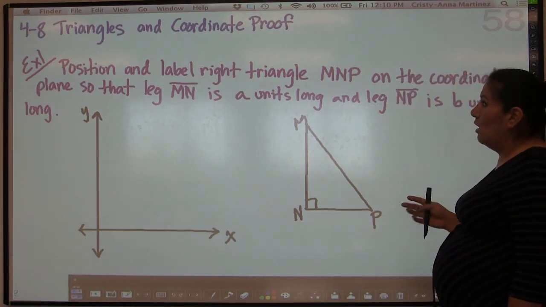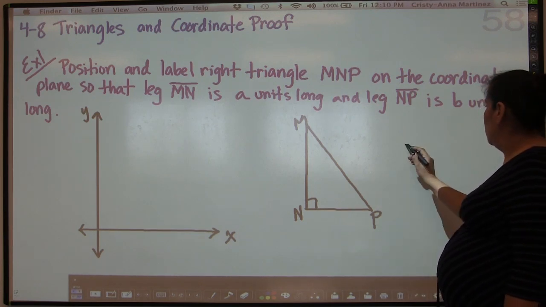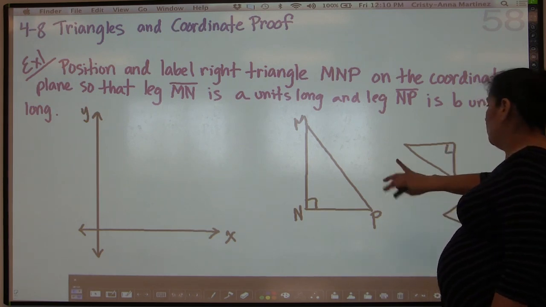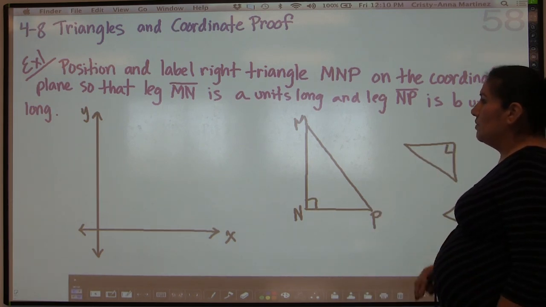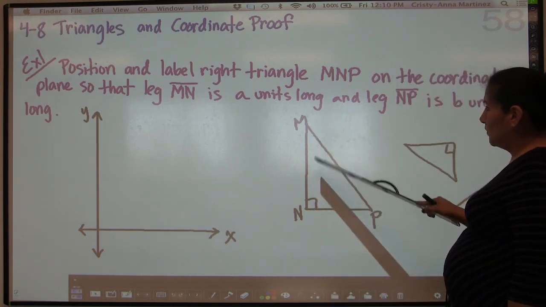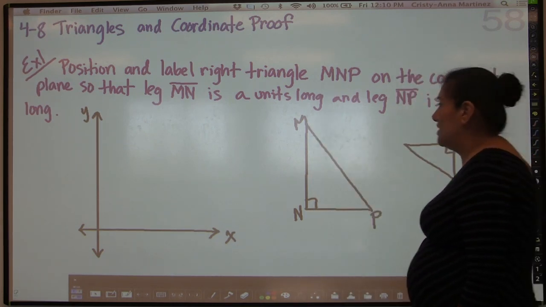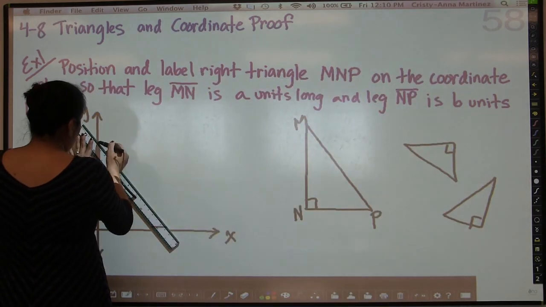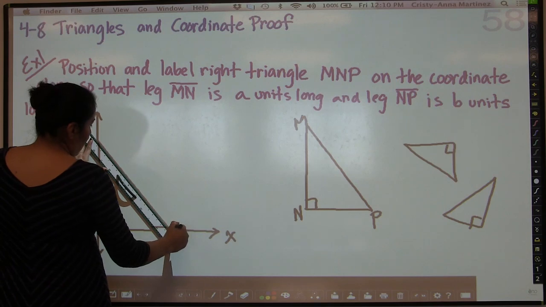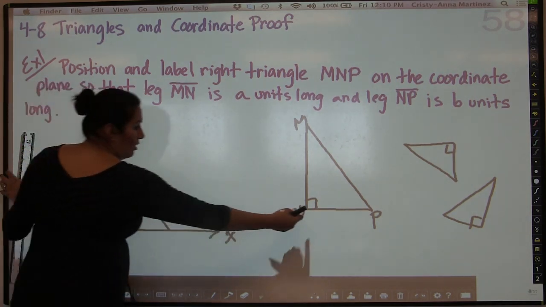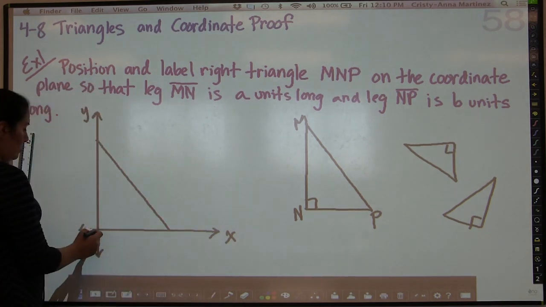So I want to show you how this triangle could be this direction, it could be looking like this, with a 90-degree angle. So you can rotate the triangle in a lot of different ways, but they want us to position it in such a way that the leg will be A units long. So basically what we want to do is put our right triangle right here, and it's convenient for us to position the right angle at the origin.